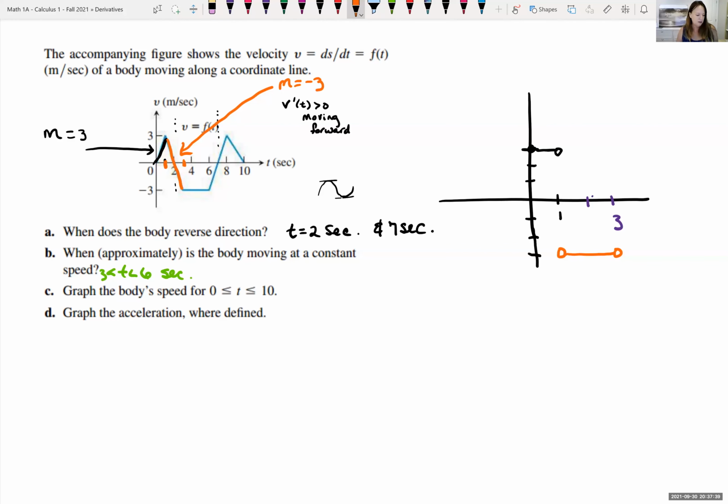So we're drawing that horizontal line between t=0 and 3 at -3.